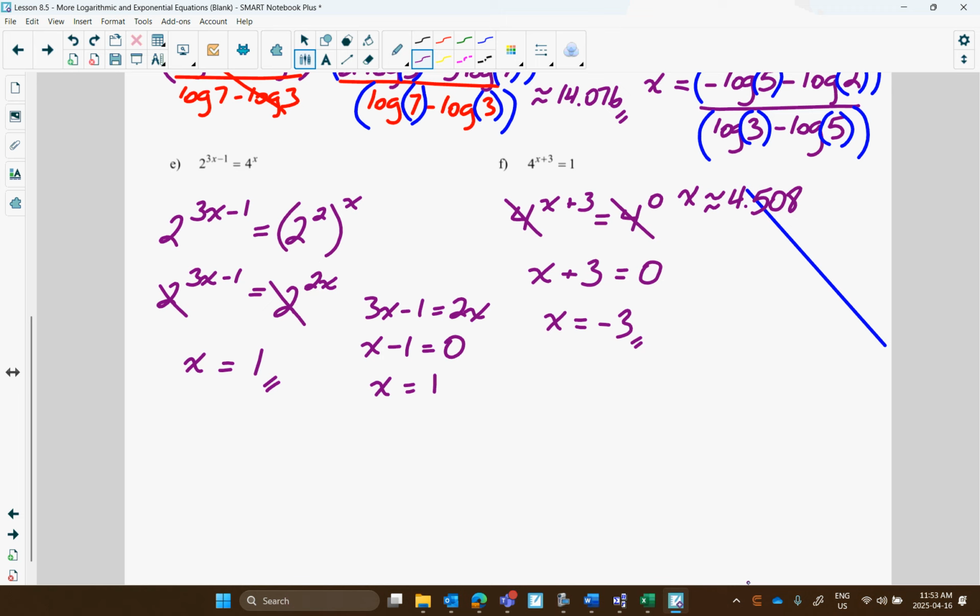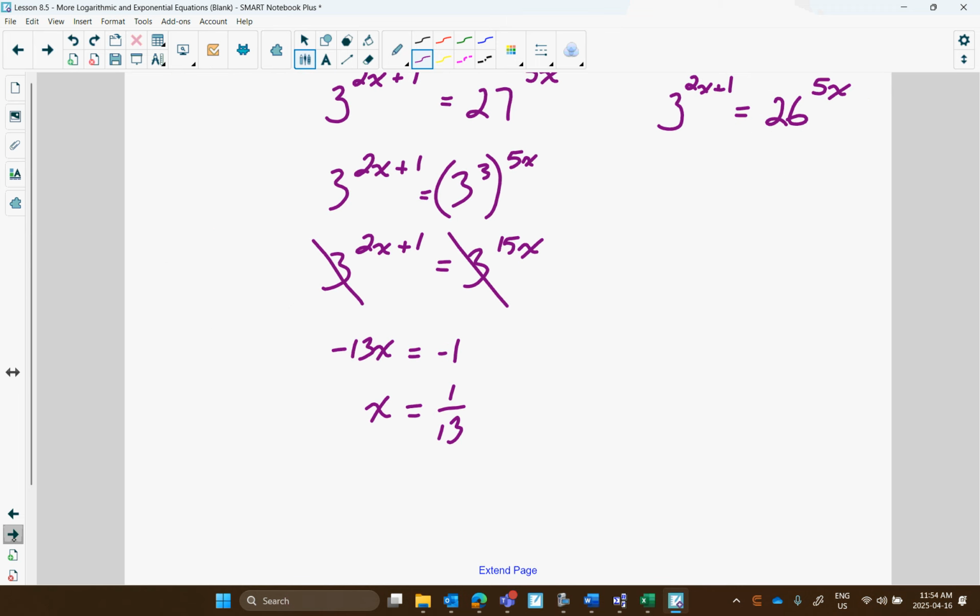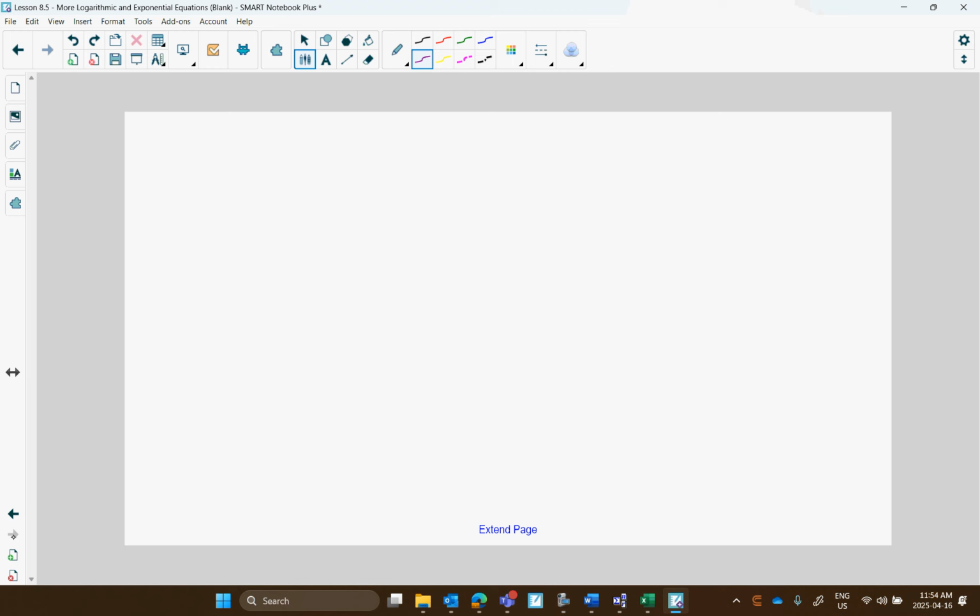So remember, we have 2 types of exponential equations.